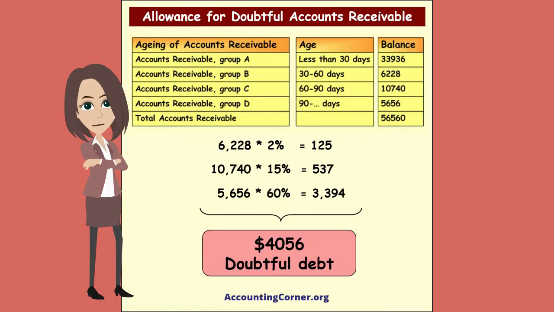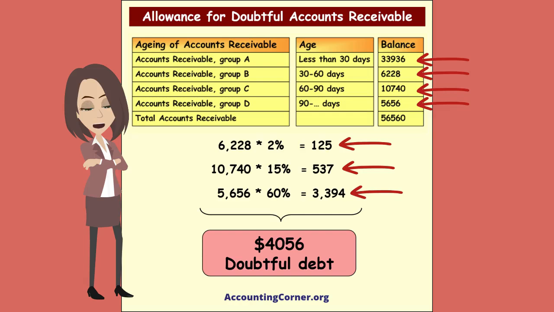In this example, for accounts receivable less than 30 days old, no allowance is done. For debts between 30 to 60 days, 2% allowance is applied. The amount is $125. For debts between 60 to 90 days, 15% allowance is applied. The amount is $537. And for debts over 90 days, 60% allowance is applied.